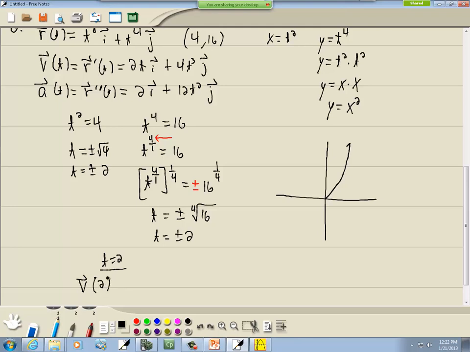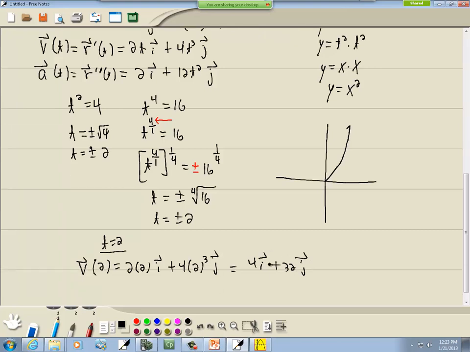So v of 2 is going to equal 2 times 2 i plus 4 times 2 to the third j. I'm just plugging in my 2 for the t here. So that gives us 4i plus 2 to the third is 8 times 4 is 32, so 32j. So that's our velocity.